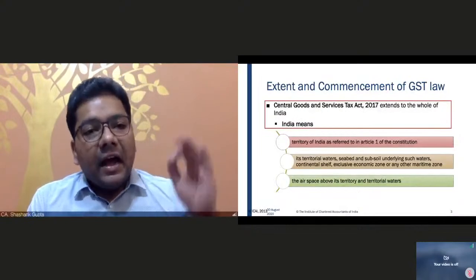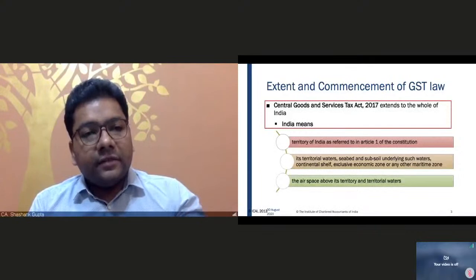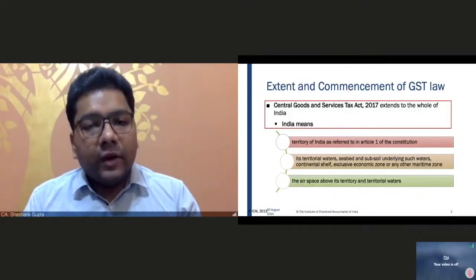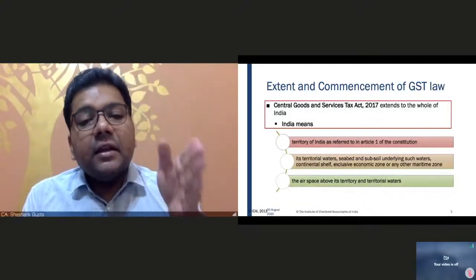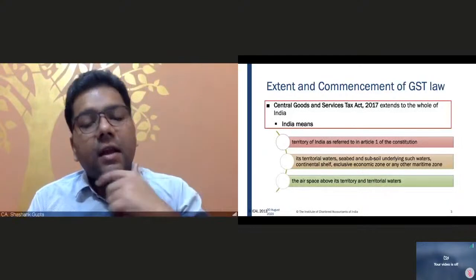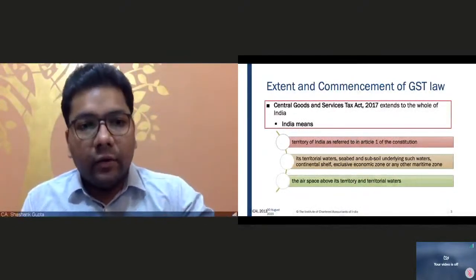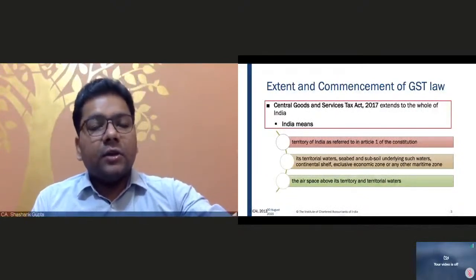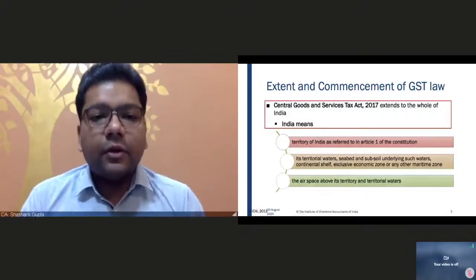So, in the sky, you take a flight and you provide services, you take a boat and you provide services, you stand on Indian soil and you provide services, all of it is going to be covered. Of course, when I say in the ocean, when I say in the air, it is up to a certain limit. It cannot be indefinite, okay? We cannot say that when you are in the territorial waters of Spain, then also you are covered under Indian GST. That's not going to happen.